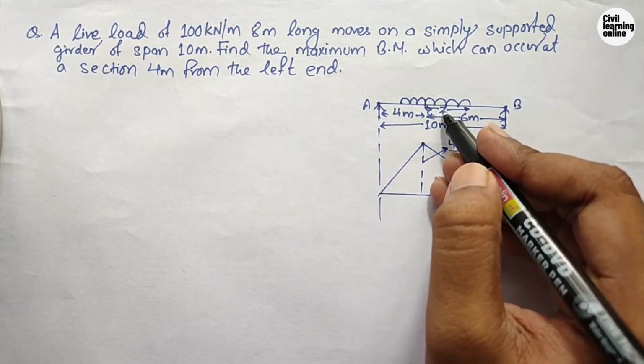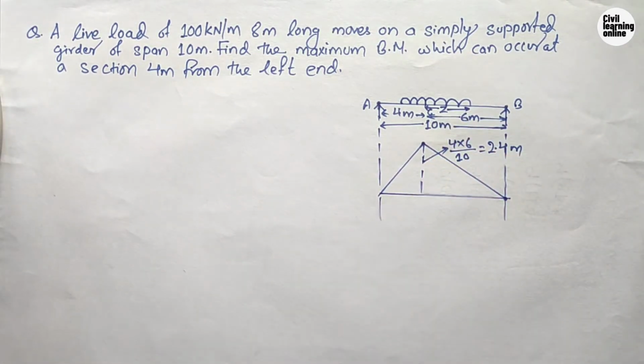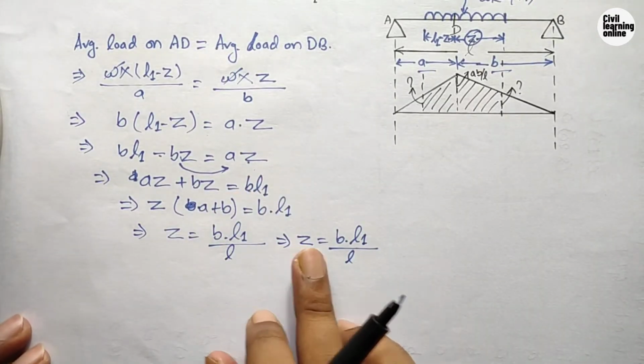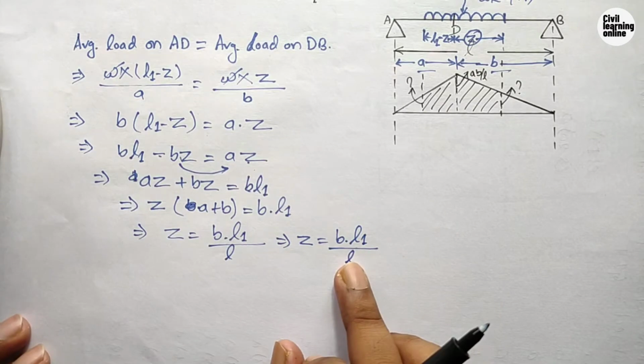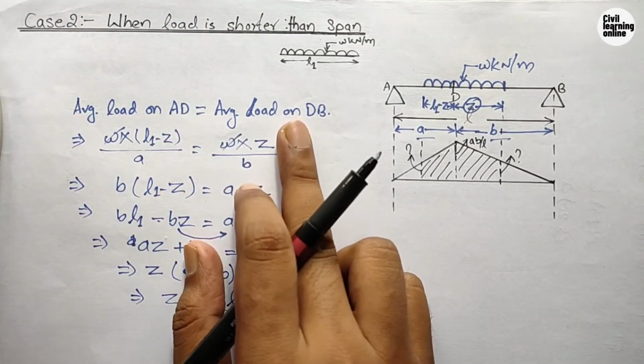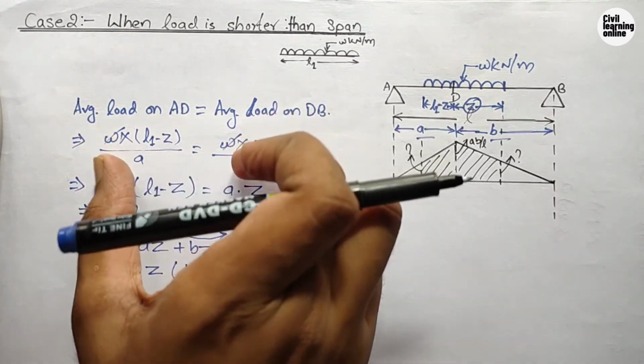Now we need to calculate this Z. So here this time either you can use the formula, that is Z equals to B times L1 upon L, or you can calculate manually, that is average load on AD equals to average load on DB. I am going to show you by using this concept.